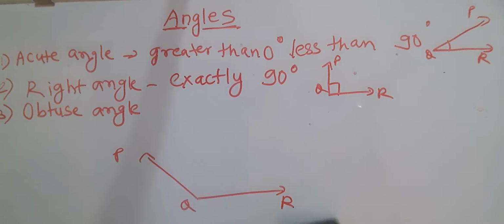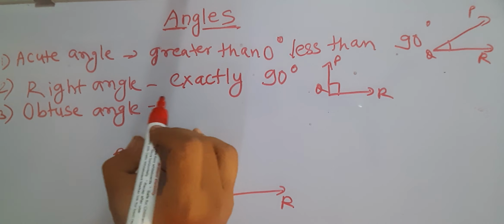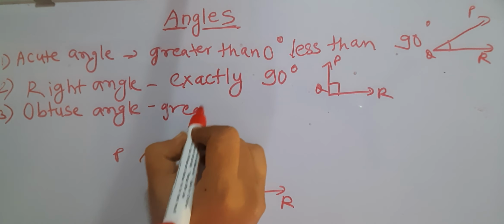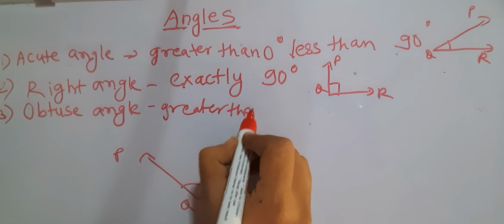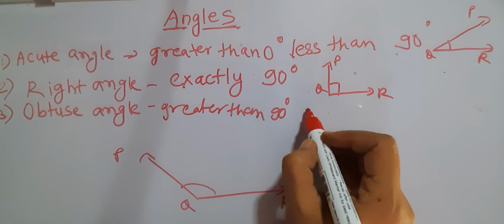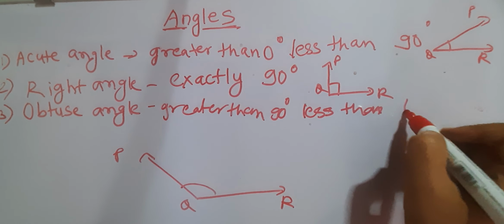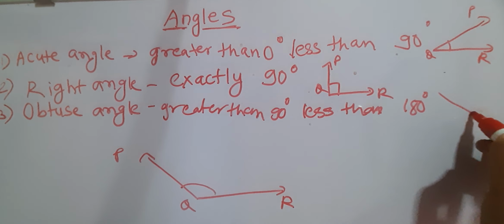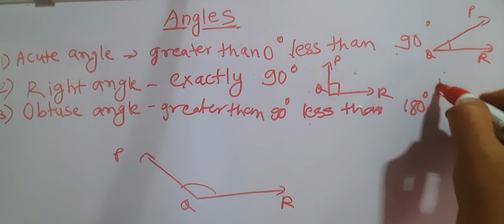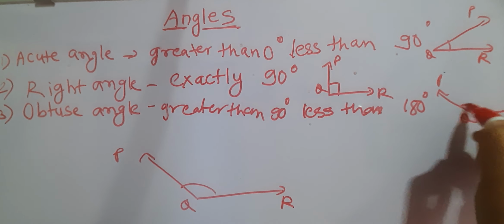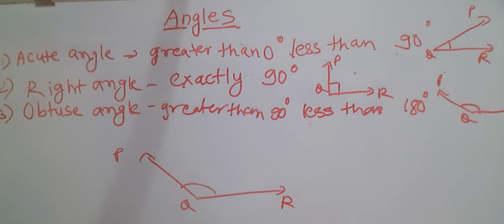Here it is greater than 90 degrees but less than 180 degrees. Then it's an obtuse angle.